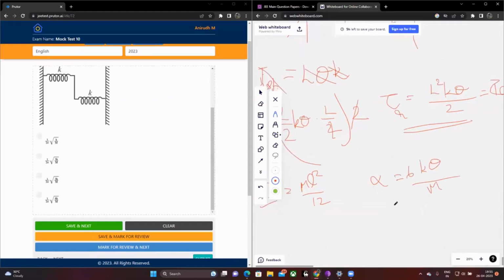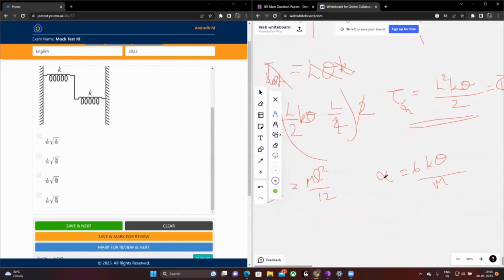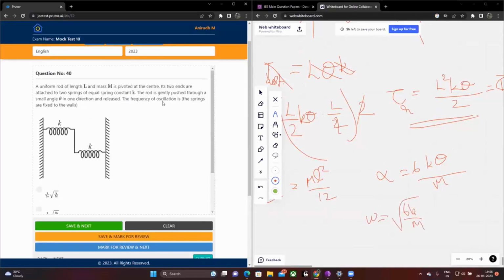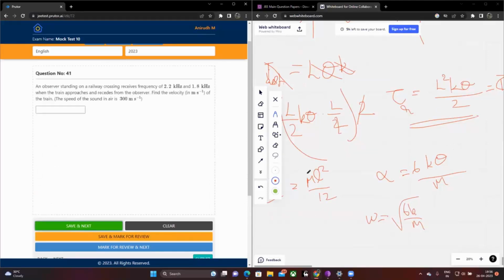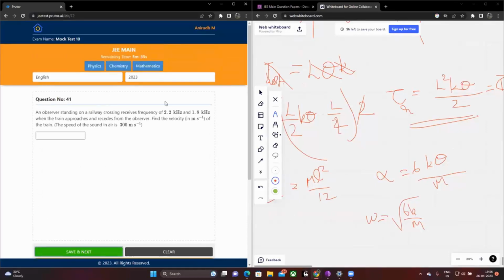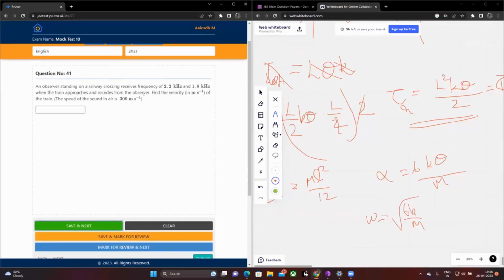So now you have alpha equal to something into theta. Angular frequency is square root of 6k by m, and so the frequency is 1 by 2 pi into omega, that is 1 by 2 pi root of 6k by m.